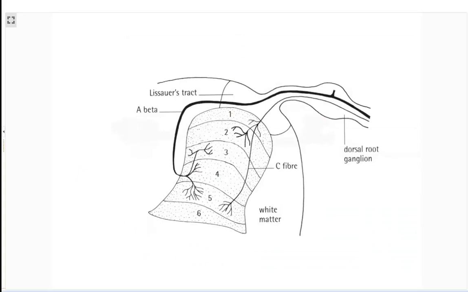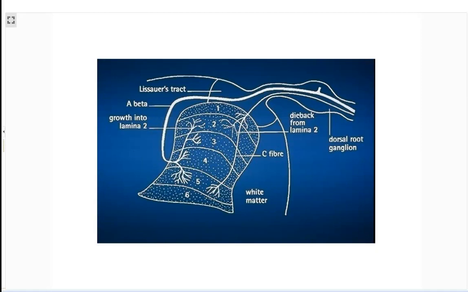Looking more specifically, traditionally with regards to nociceptors, the C fibres will come into laminas 1, 2 and 5, while the A beta fibres will come into 3, 4 and 5. In this more sensitized state, the C fibre actually has dieback from lamina 2. It more goes into lamina 1.